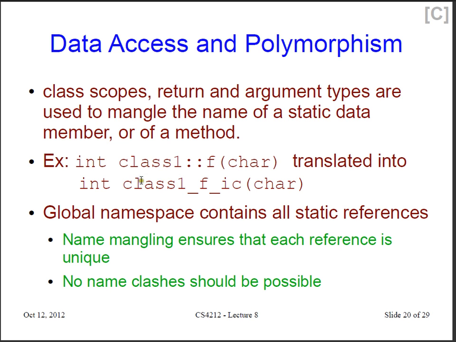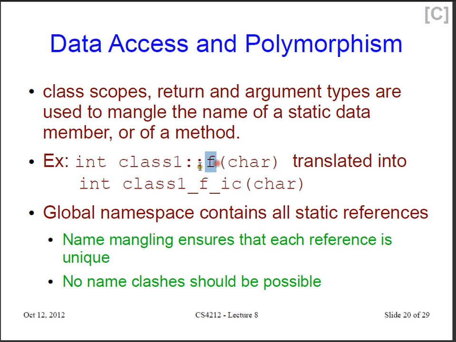All right. So how does this translate into the C level? Well, we use name mangling, and what I'm showing here is something that appears reasonable, because if you actually look in the generated assembly language file, you'll see something more complicated.